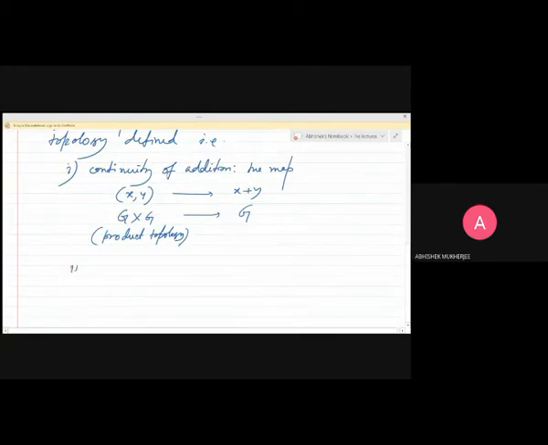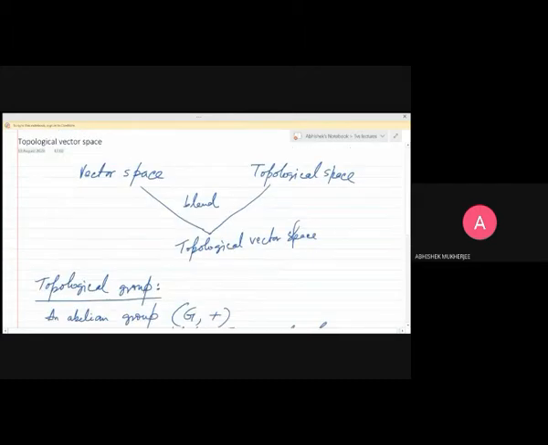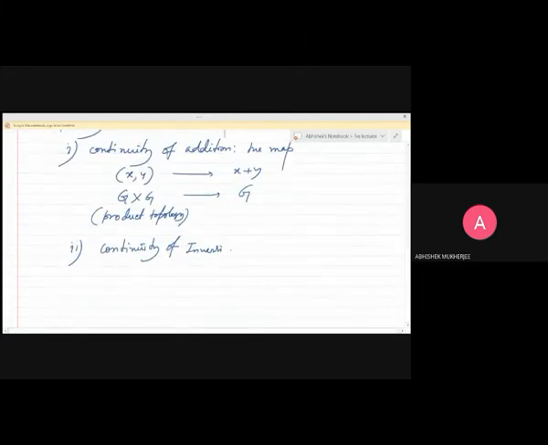And also continuity of inversion. That means the map which sends x to minus x, which is a map from G to G, it is also continuous.